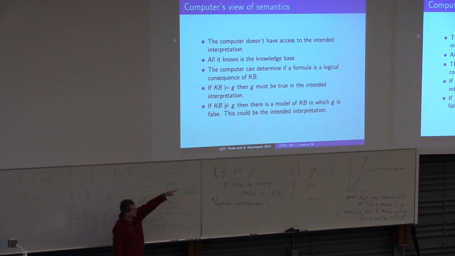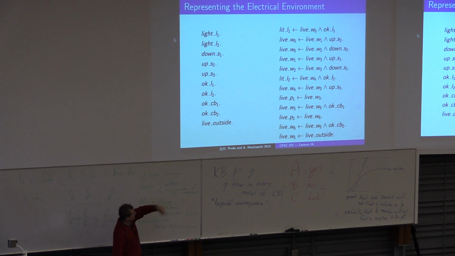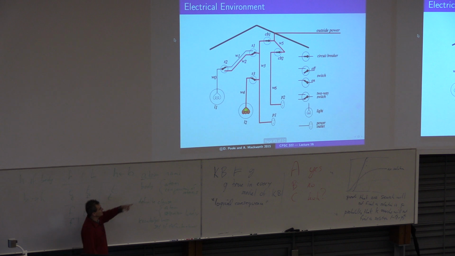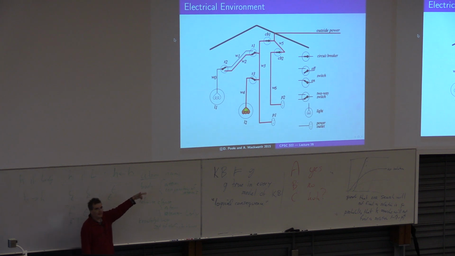So because we have meaning associated with it, we can answer logical consequence queries. In here we can answer questions about what must be lit. And we can actually answer that L2 is lit, because we actually wrote down rules in there. As far as we're concerned, we can prove that L2 is lit, and we have meaning associated with these symbols, and we can now answer questions.